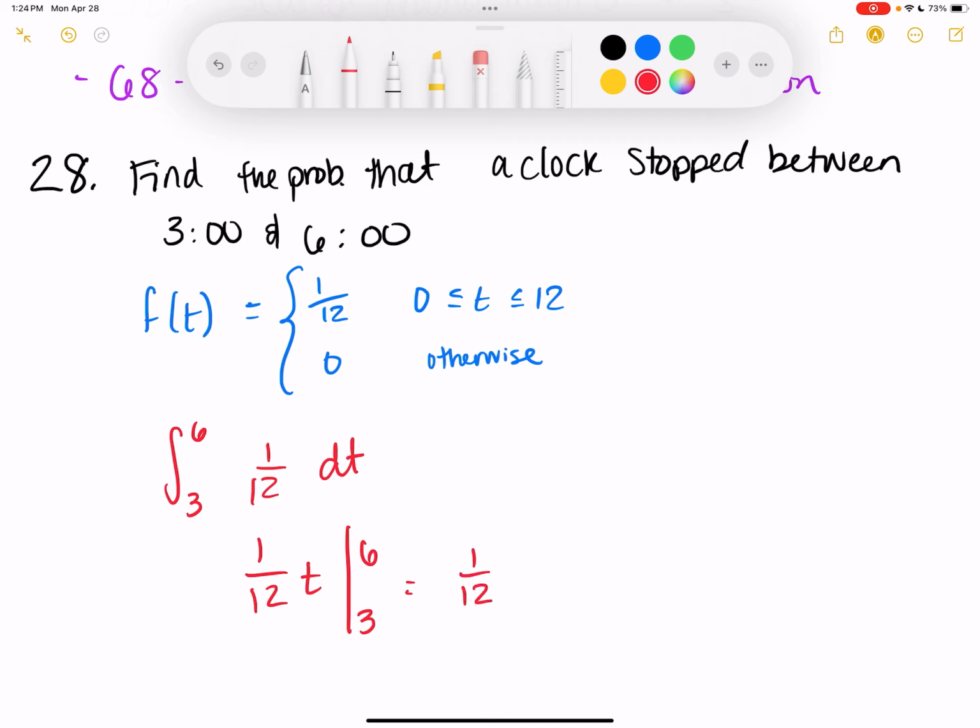Now 1 over 12 is a constant number, so I can just multiply that by 6 minus 3, meaning 3 over 12 or 1/4. So the probability that it stops between 3 and 6 is 1/4.